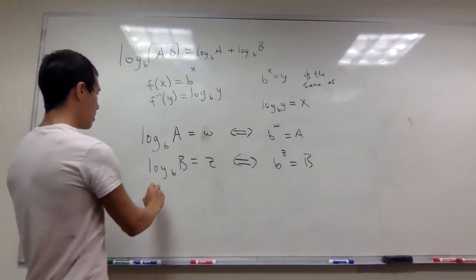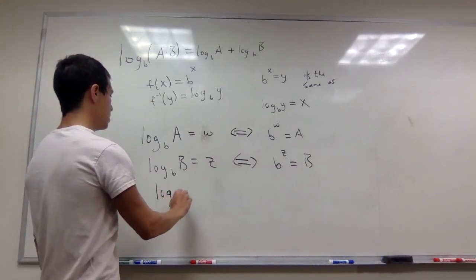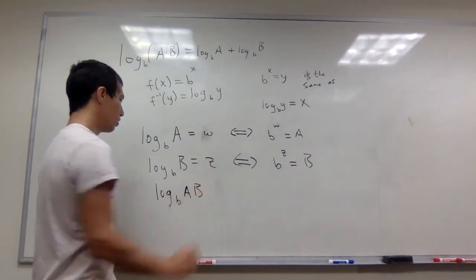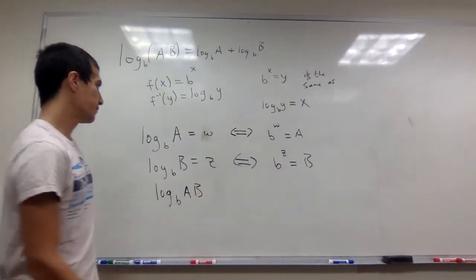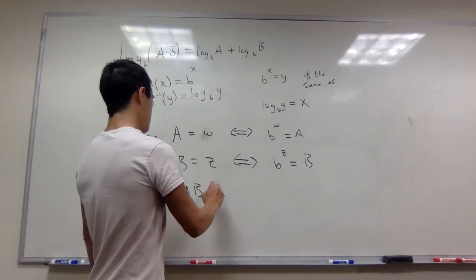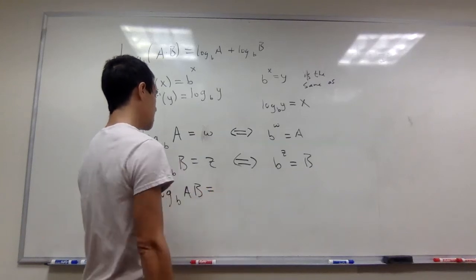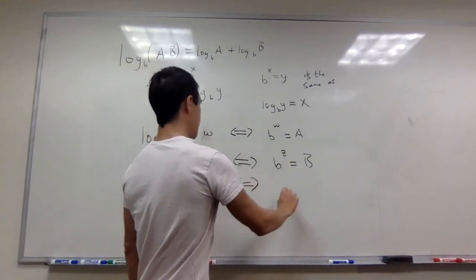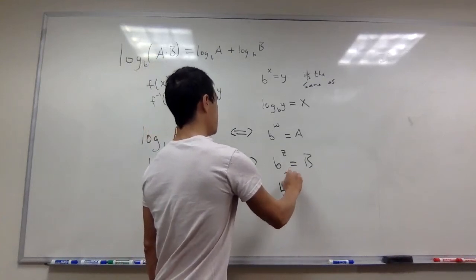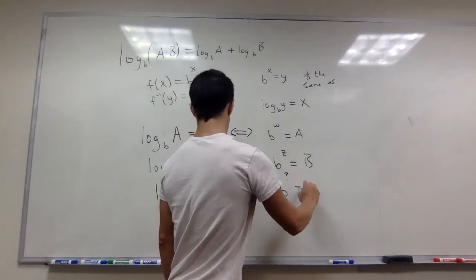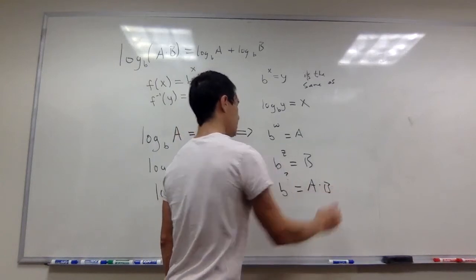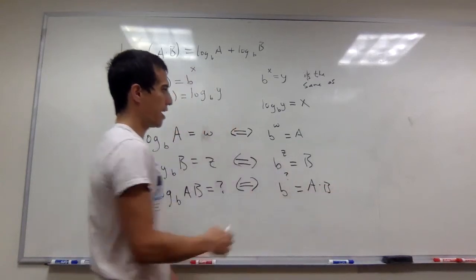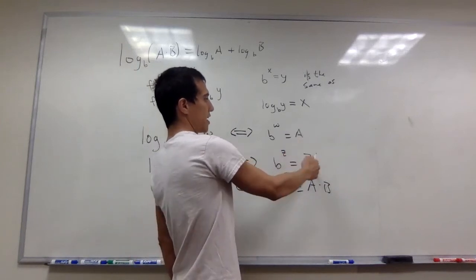And so if I want to calculate log base b of a times b, if this is going to be equal to something, this is the same thing as saying that b to this something, question mark, is equal to a times b. But I know what a is and I know what b is.